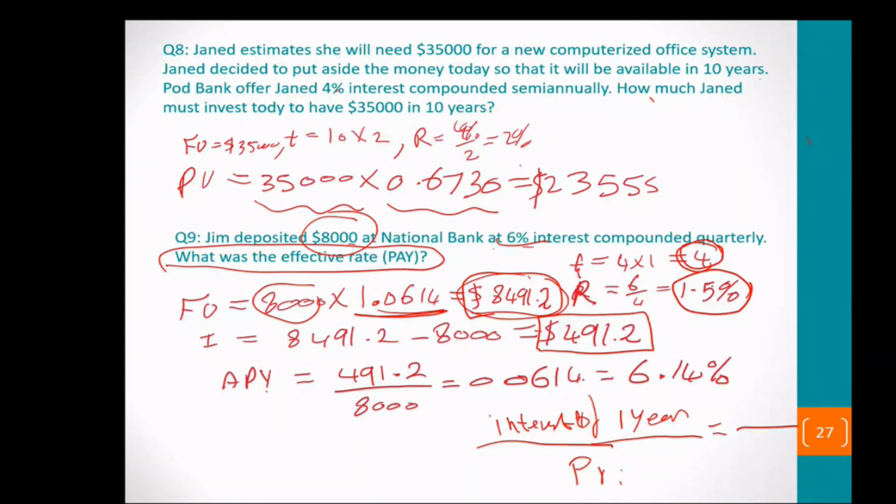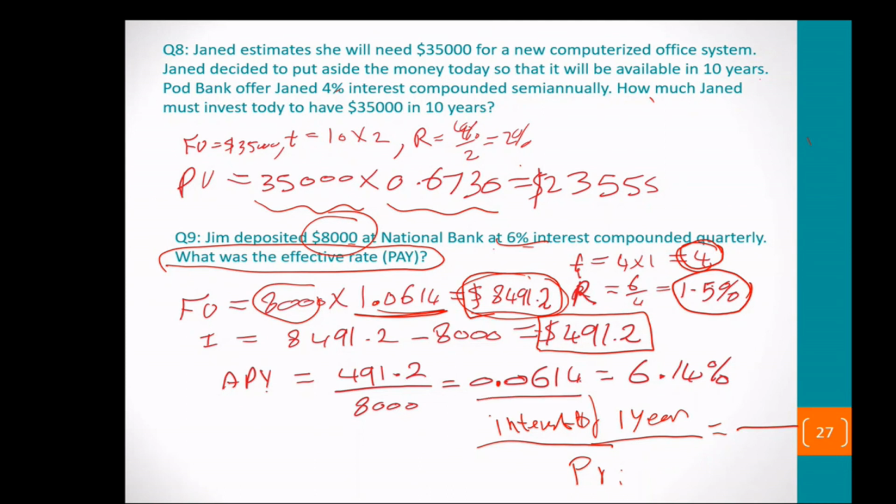I wrote down 80,000, not 8,000. So it is 0.0614.